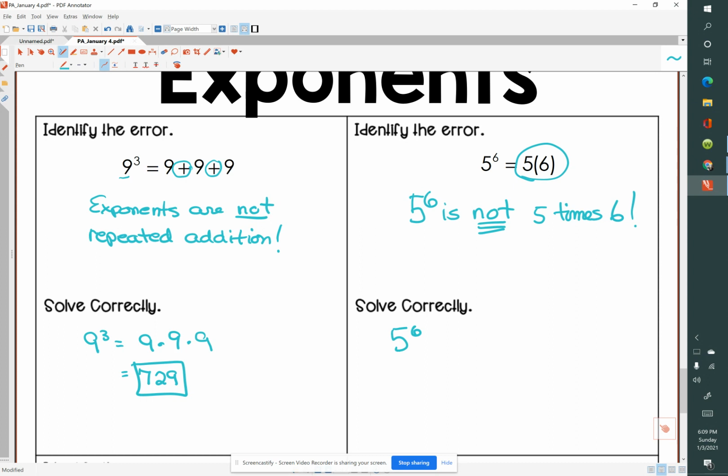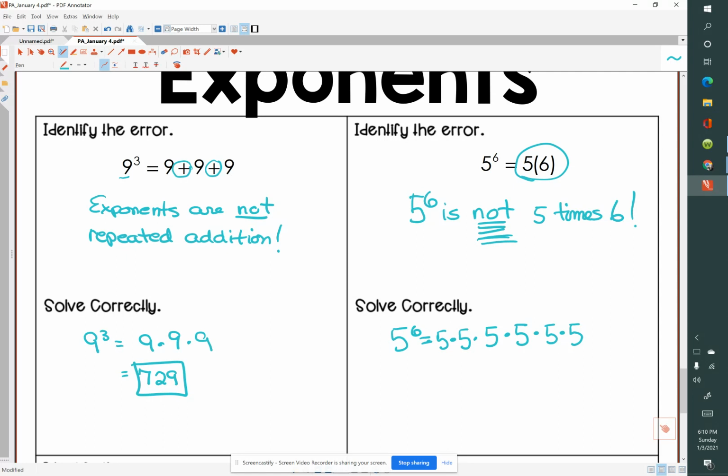5 to the 6th power is a base of 5 multiplied by itself 6 times. 5 times 5 times 5 times 5 times 5 times 5, that's 3, 4, 5, 6. Now, you definitely need a calculator for this, and you don't want to punch in 5 times 6, okay?